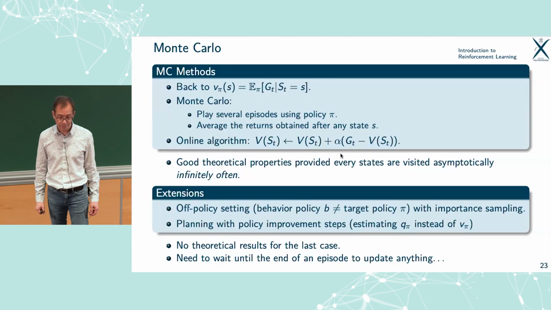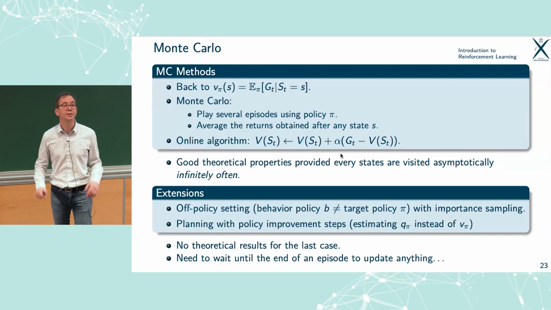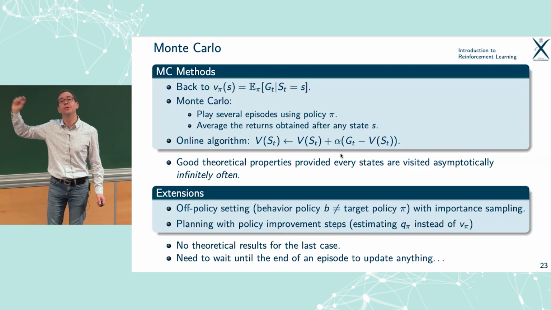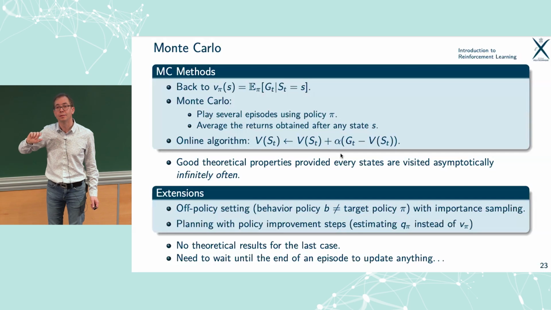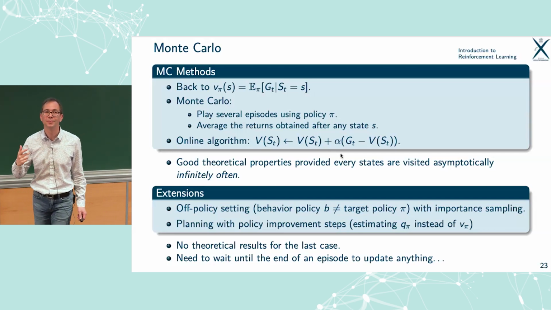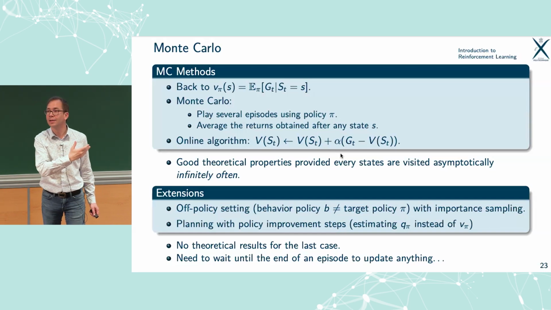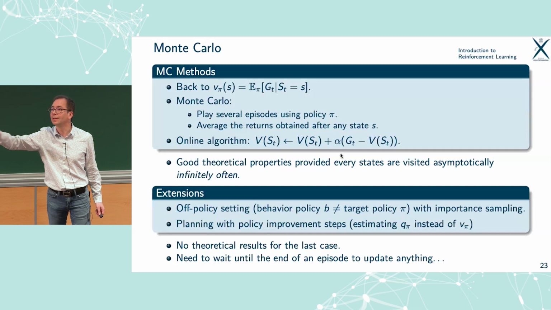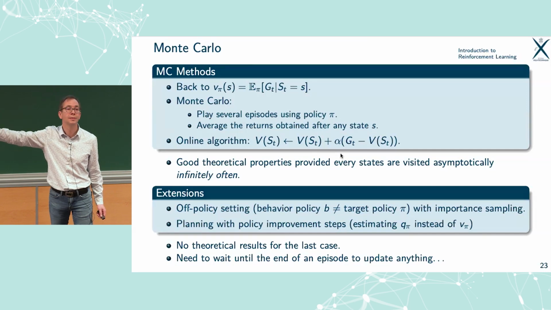That is nice. We can prove that this is more or less working. It turned out that it's much harder to show that you can use this to enhance the policy. And the other issue is that in order to update anything, you need to wait until the episode ends, because we need to sum the rewards.